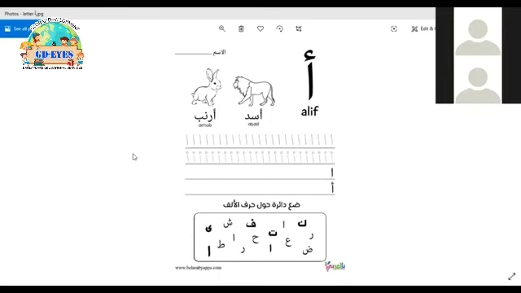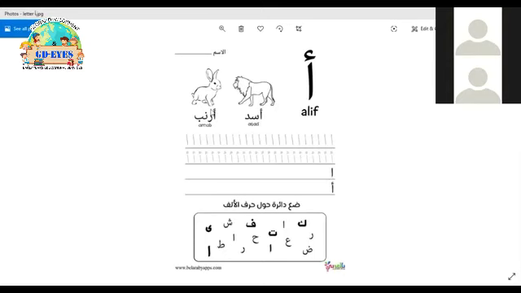Jamal is the plural form of Gamal. We also have two more words to practice: Asad and Arnab. Asad is the lion, as you see in the picture, and Arnab is the rabbit. These are two more words you can learn in Arabic that start with Alif.